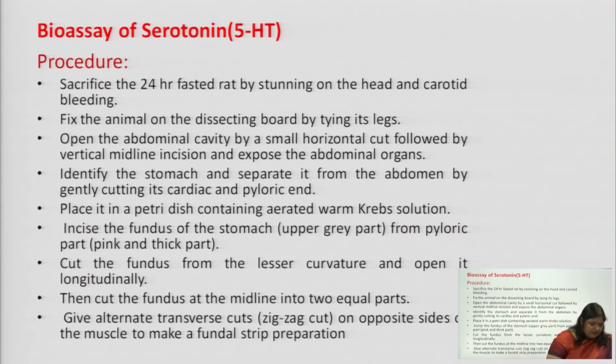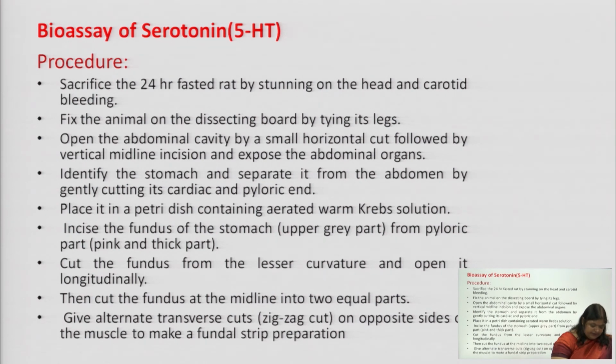identify the stomach, and separate it from the abdomen by cutting both the cardiac end and the pyloric end. It is placed in the Krebs solution and from it we separate the fundus part, which is the grey part of the stomach. And then we open that fundus part.